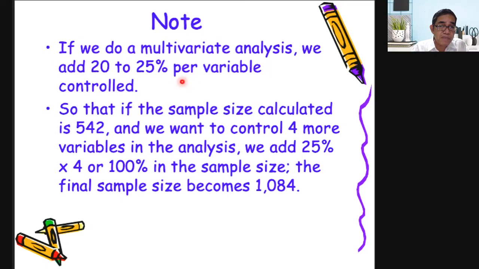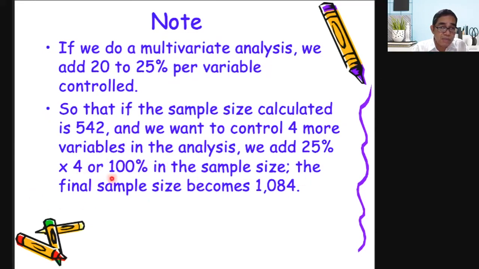So if the sample size calculated is 542, and we want to control for 4 more variables in the analysis, we add 25% for each control variable times 4. We have 4 variables to be controlled, so that is 100%.